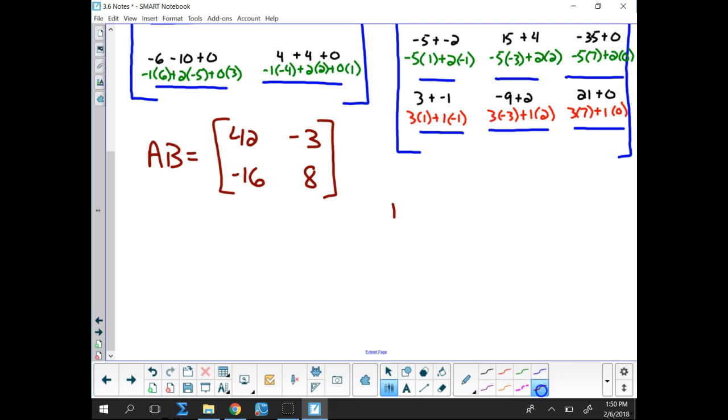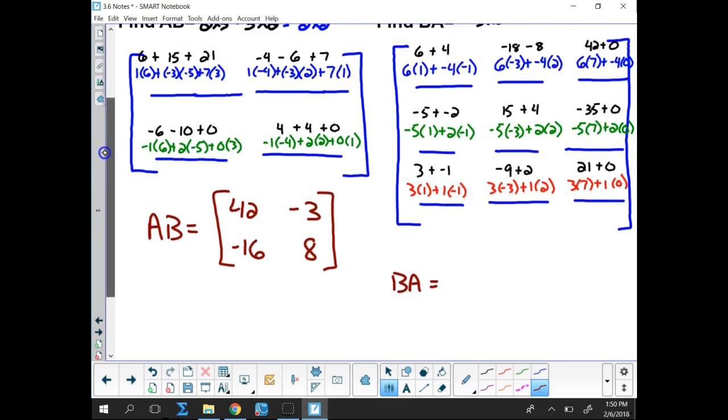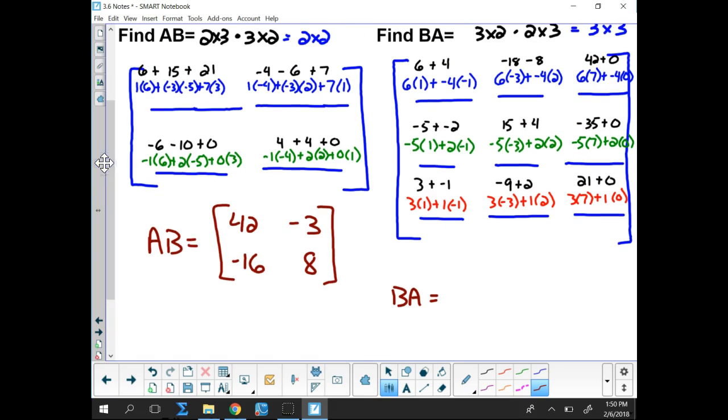So, BA is then going to be 10, negative 26, 42. For some reason the computer is running a little slow.